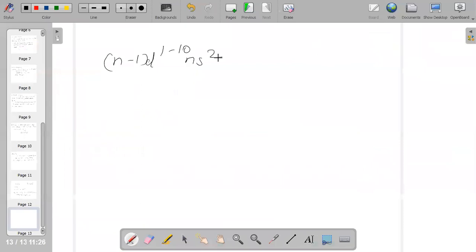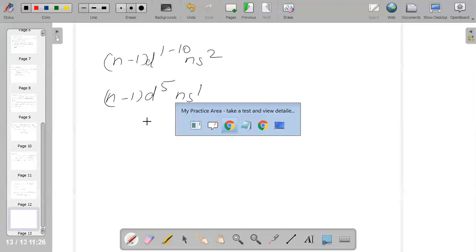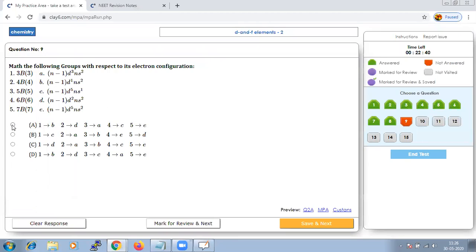So group 6 elements will have basically the electronic configuration of (n-1)d5 ns1. So based on the given elements, we can do the electronic configuration and choose the option. And here the option A will be the right one. So let us save that and go to next.